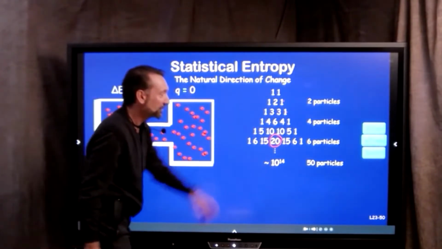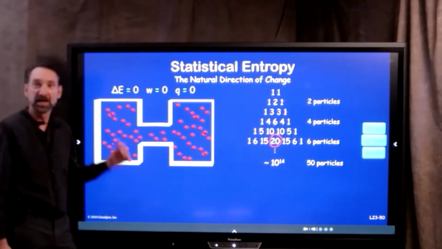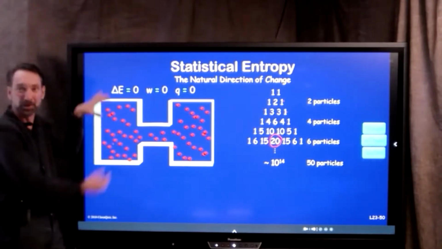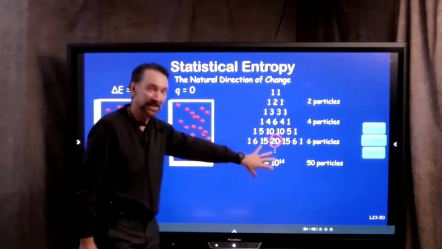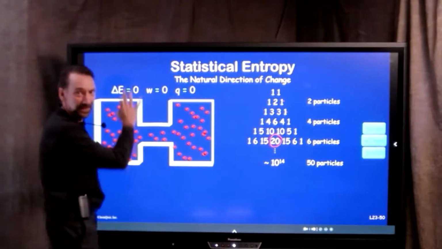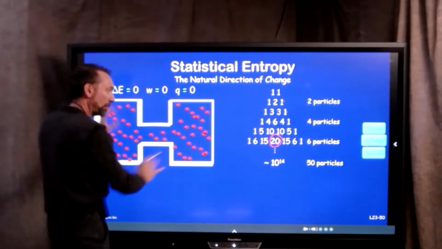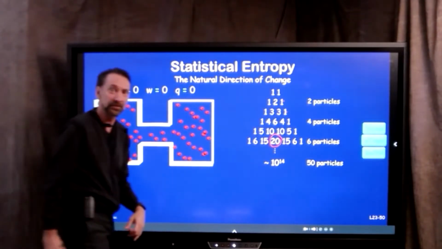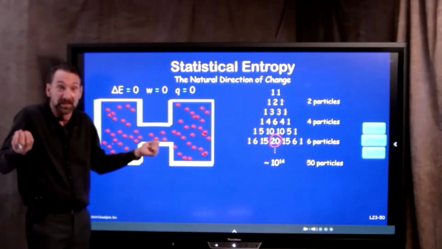So you have to look at that 100 billion times, and you might find one of them where they're all on one side. So it's simply a statistical argument that says if these guys are moving around freely and they can access everything, shifting around back and forth, then when the number of particles get large, you just don't see it.